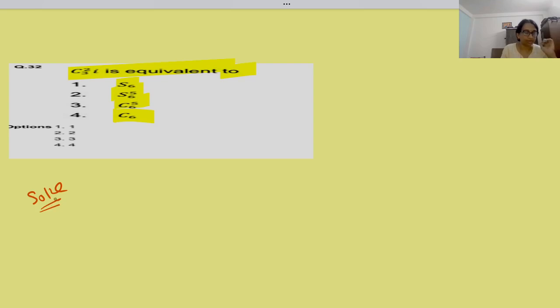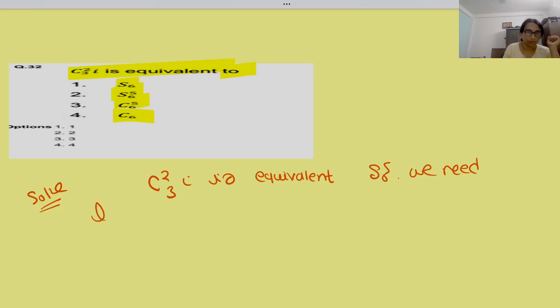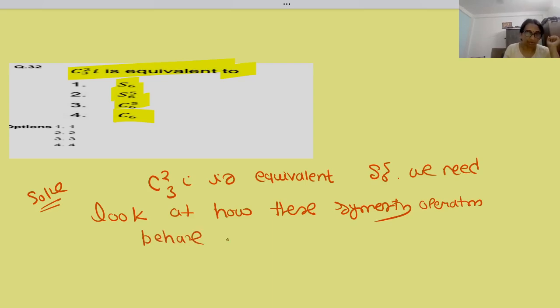Try to understand the concept first, and to understand why C3^2 i is equivalent to S6^5, we need to look at how these symmetry operations behave as a point group.